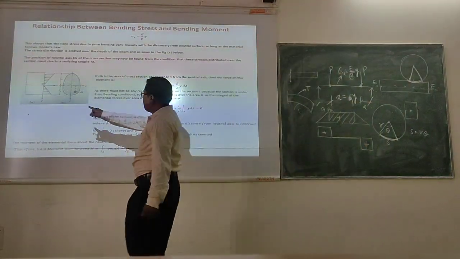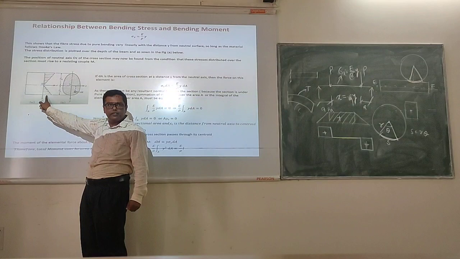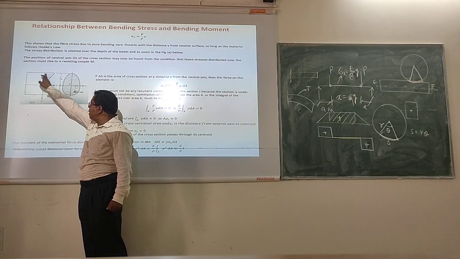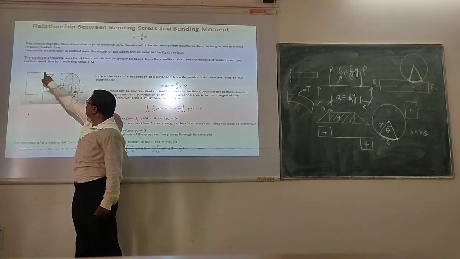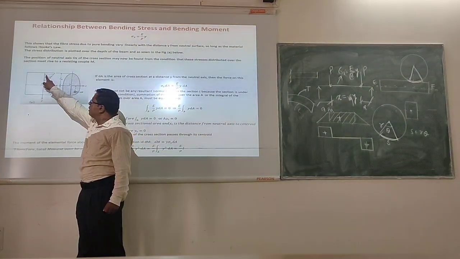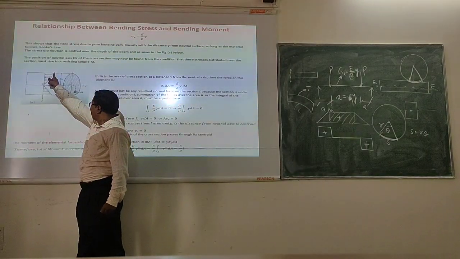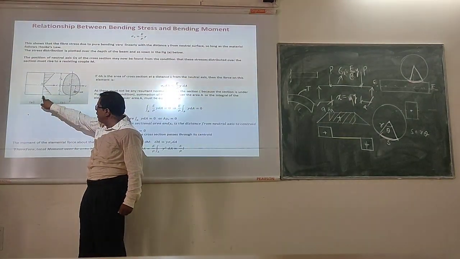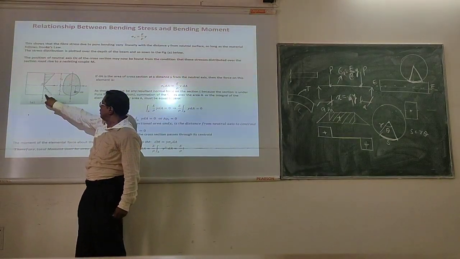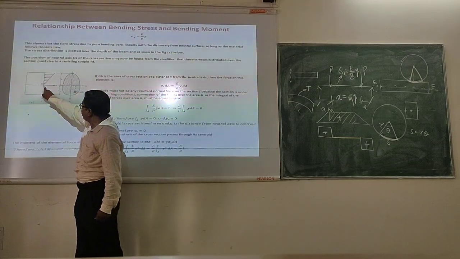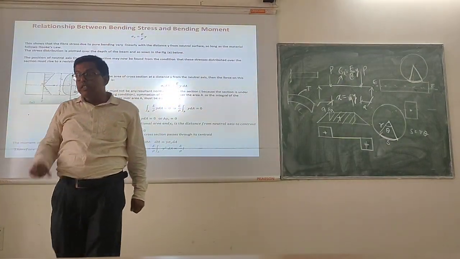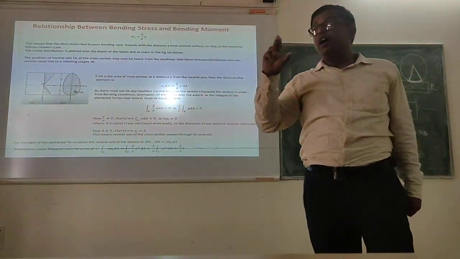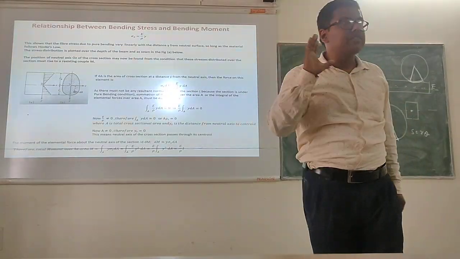So you see the typical stress variation of bending stress throughout the depth of the beam. This is the depth of the beam, right? This will happen like this. At the extreme top fiber it will be maximum, then gradually it will reduce and come to zero at this point. In the same way, for the bottommost portion, it will be maximum and gradually reduce and come to zero. This is the stress variation in a beam under pure bending, and this is what bending stress is. Have you understood?